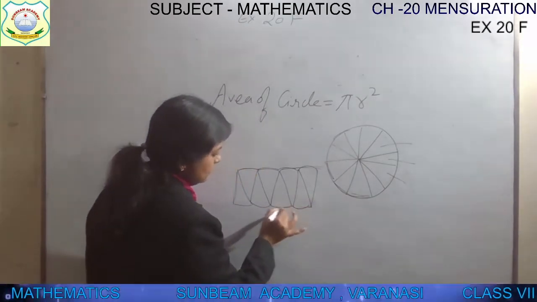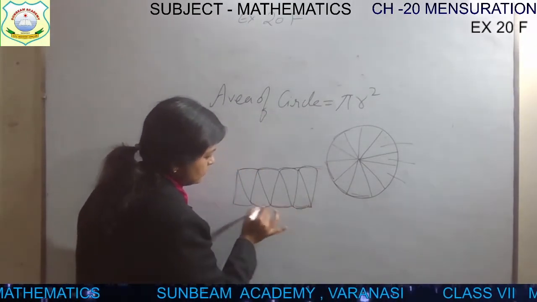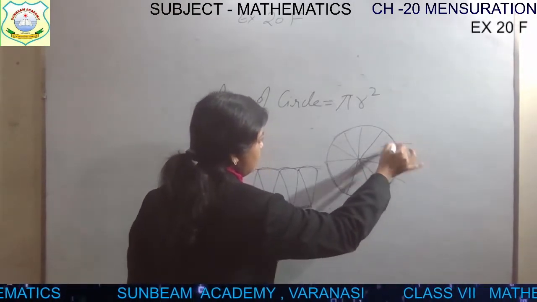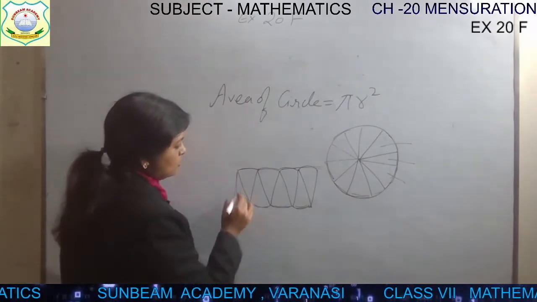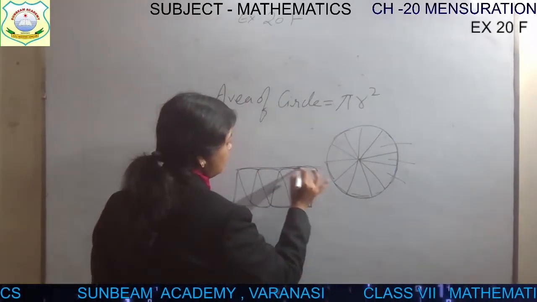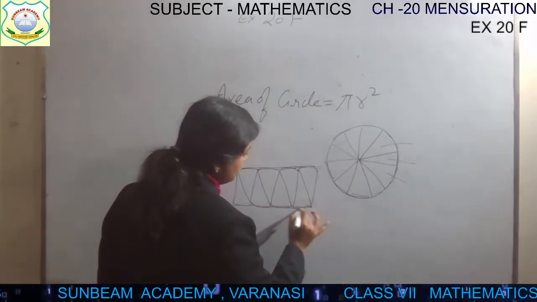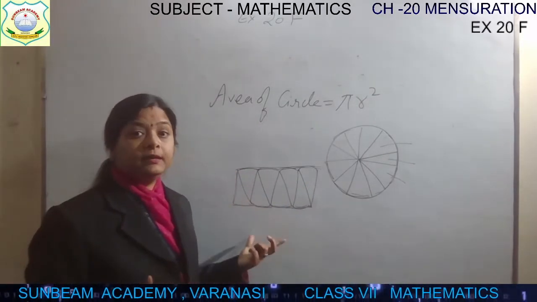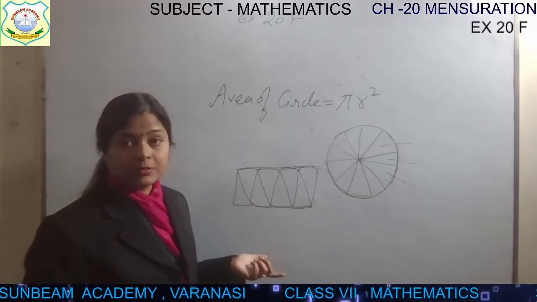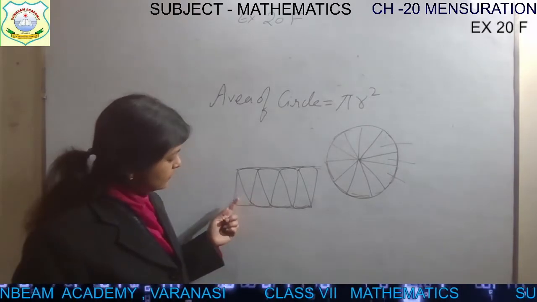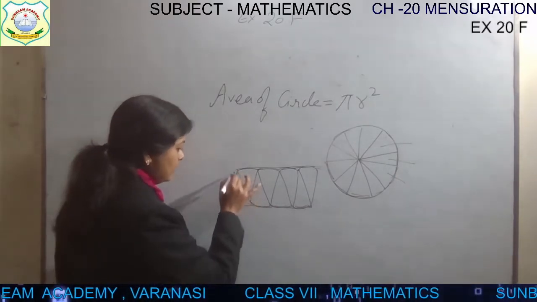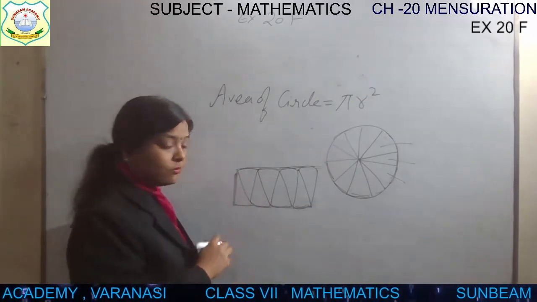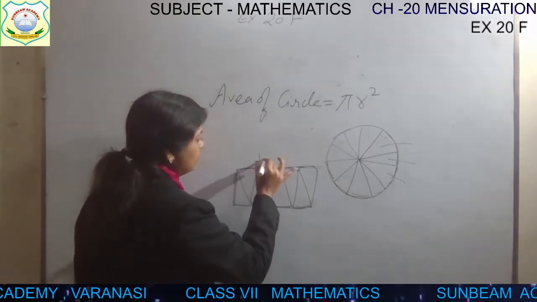And again what is this portion? This one is also an arc. These are all arcs, okay? Part of the circumference. So half the circumference will go up and half the circumference will go down, and in this way we will get a type of rectangle, you can say. And if it is tilted, then it will not come tilted. It will be near about in this way, rectangular shape only. So now what will this be? This is your half of 2 pi r.